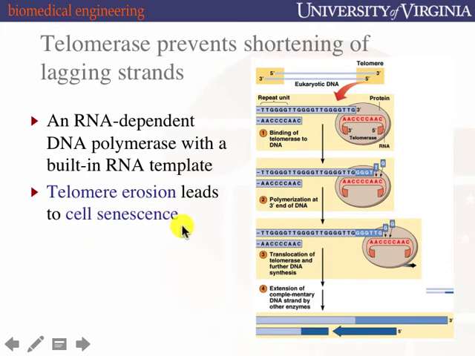At some critical point, they've eroded to a place where the cell can no longer undergo cell division, either because the critical kinases that get us over the hump to undergo cell division are not activated, or things are inhibited, or likely both.